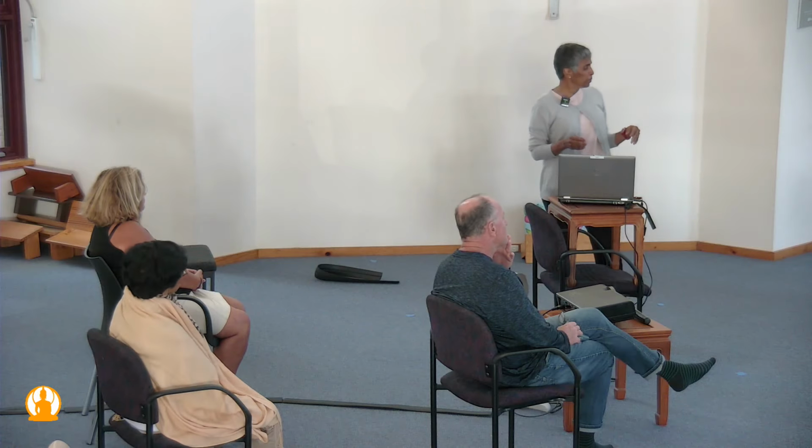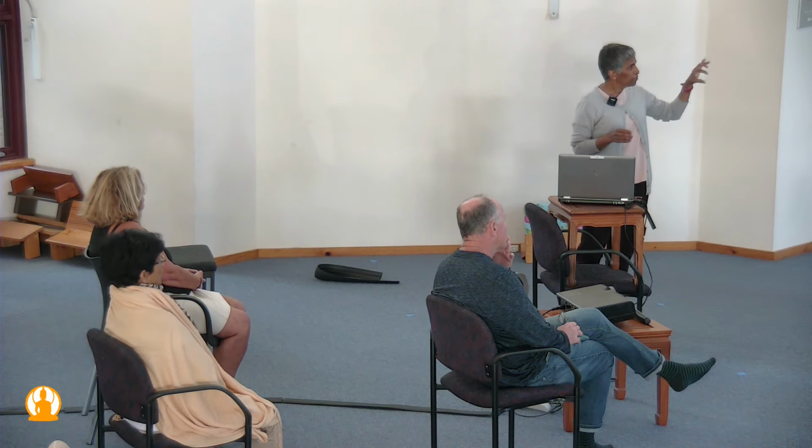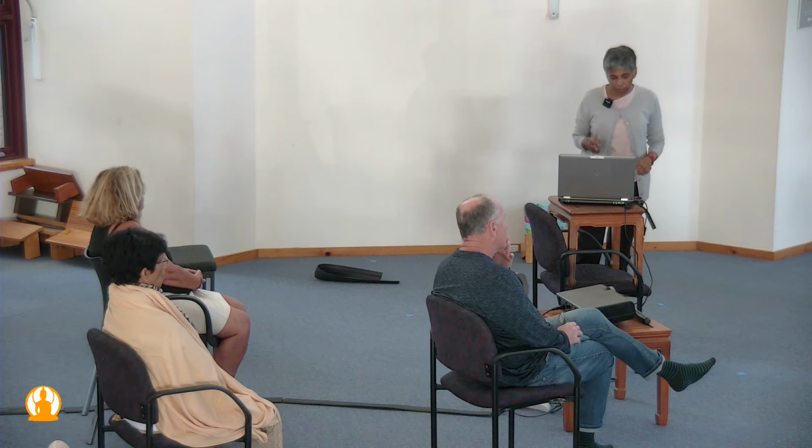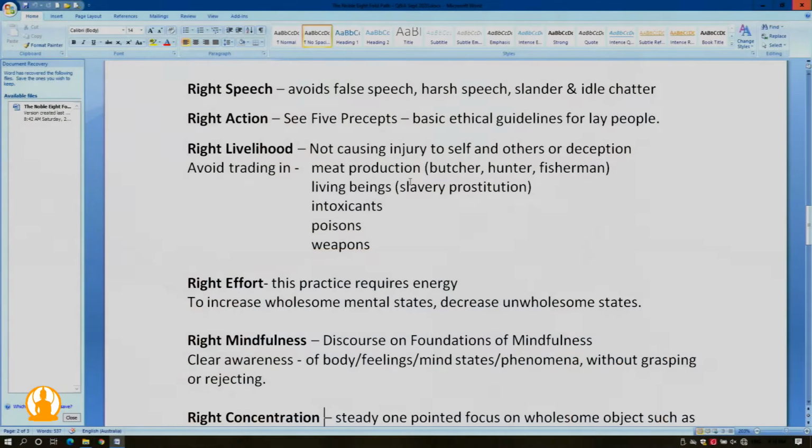Then we come to the third set of the Eightfold Path, which is meditation or samadhi. And a lot of people are attracted to the Buddhist teachings because of meditation, because of the emphasis on meditation.